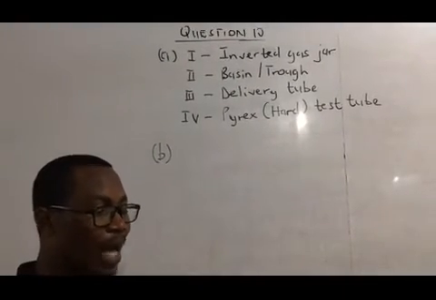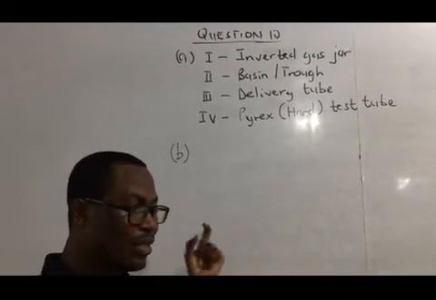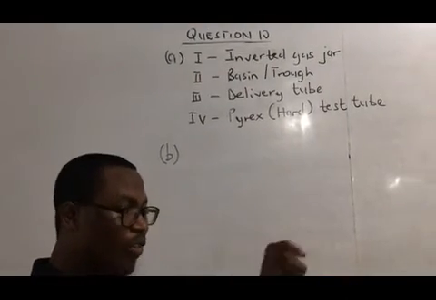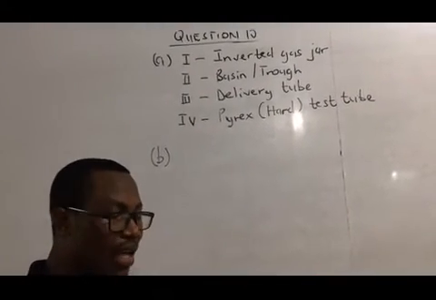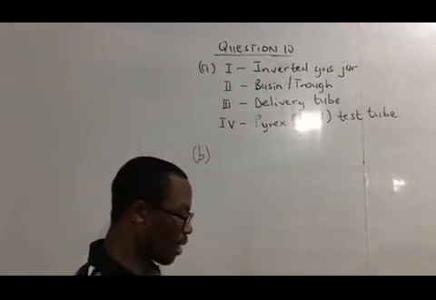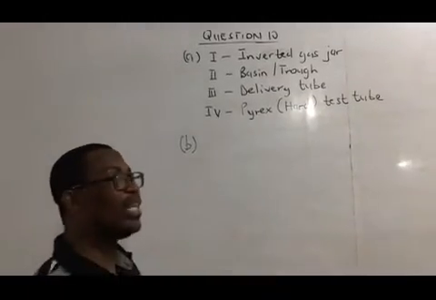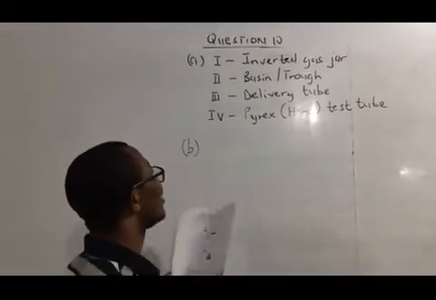But this diagram does not contain that kind of setup. There is no thistle funnel. There is no flat bottom flask to contain the MnO2. So it means that this setup involves the KClO3 with the MnO2 as well, the catalyst.